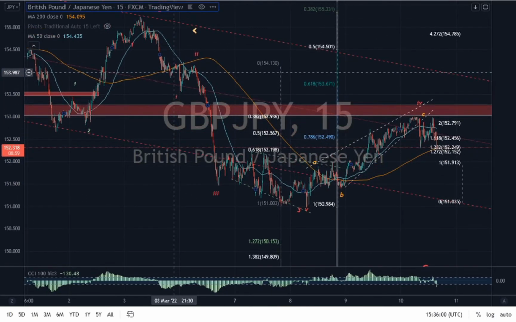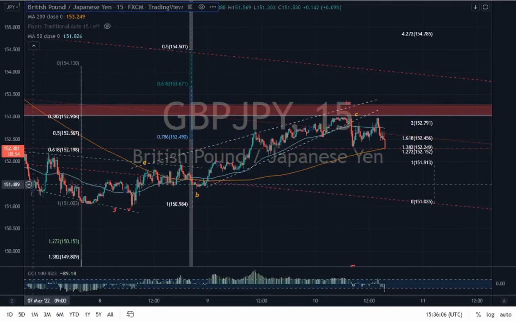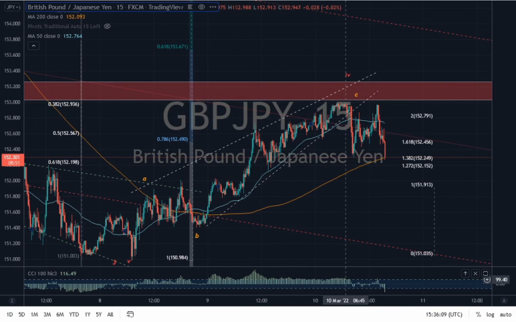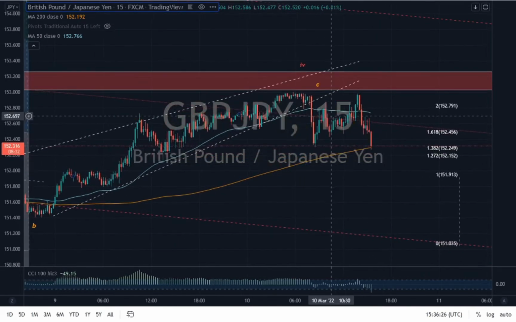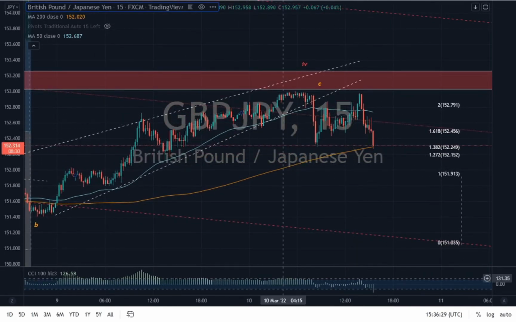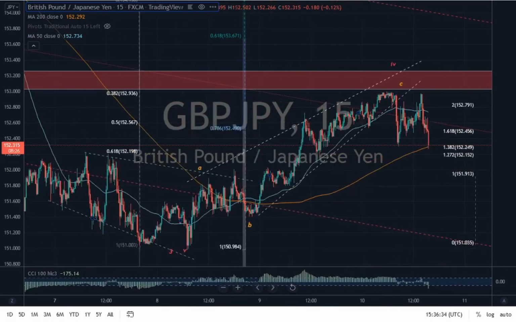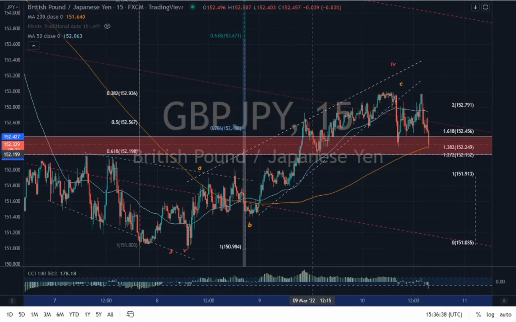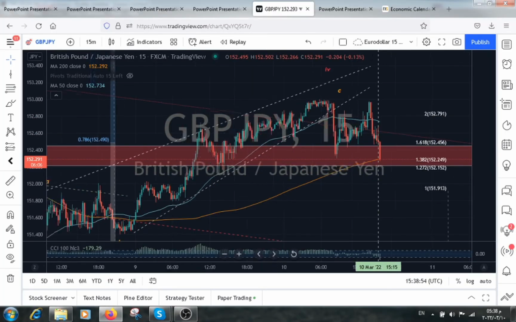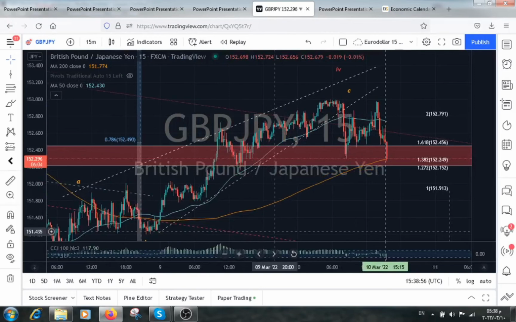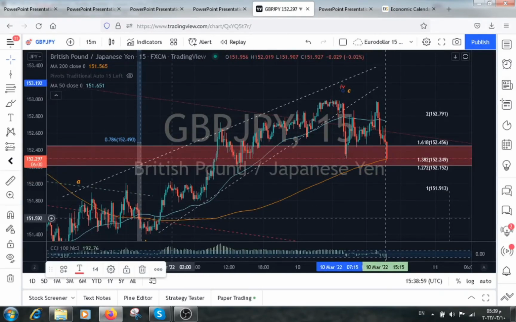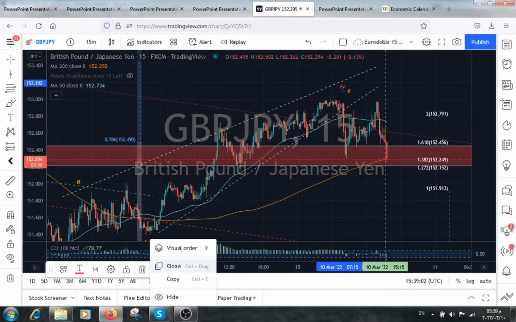Now we think the correction is finished, and the market will be moving lower, and we expect we are just about to get a confirmation. This neckline actually right here is moving down here. So we are about to get a confirmation. We just stay patient and wait a little while longer. I think it's coming in.